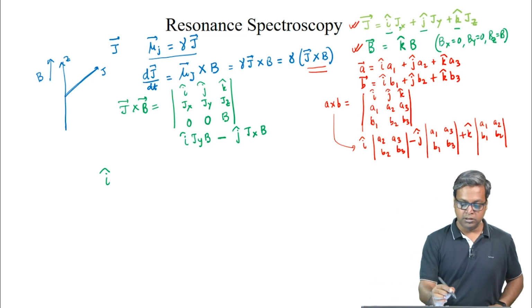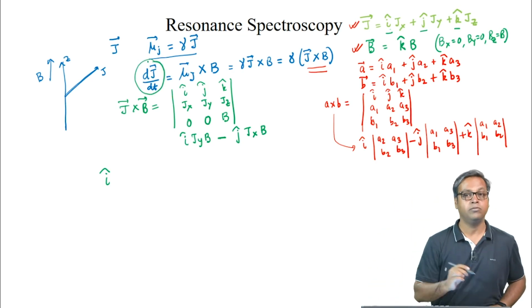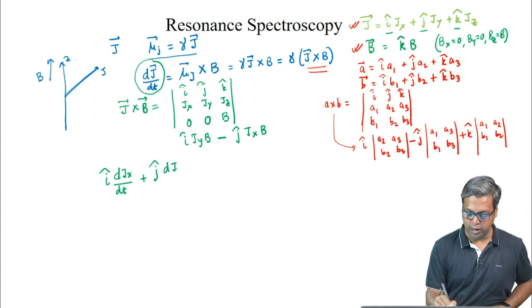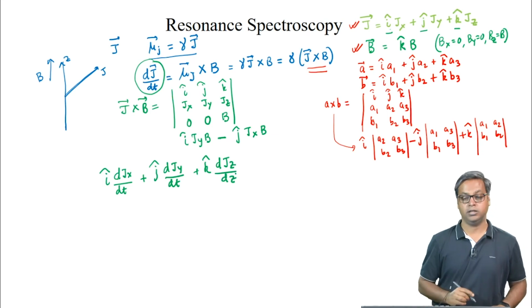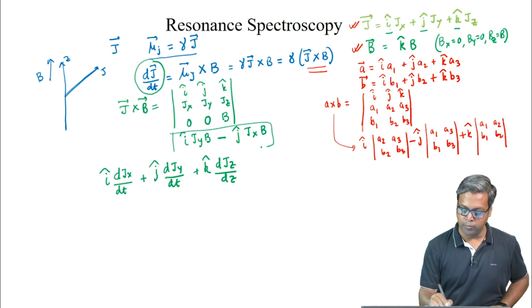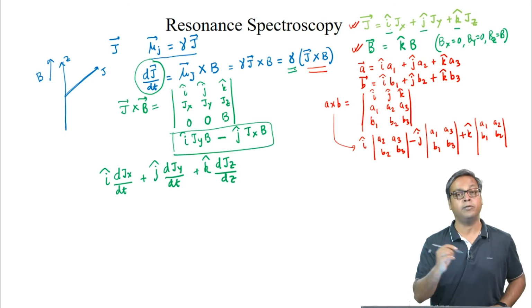Because J equals i J_x plus j J_y plus k J_z, dJ/dt we can write as i dJ_x/dt plus j dJ_y/dt plus k dJ_z/dt, and it will be the same thing that we have computed, only multiplied by gamma.